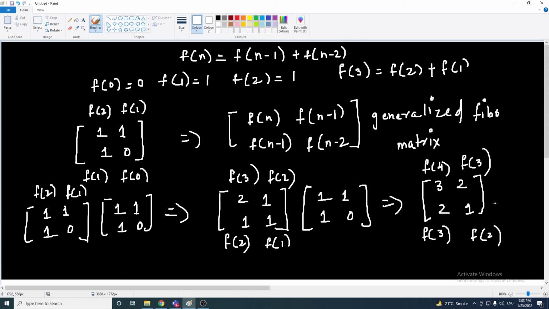Similarly, these two terms get added to give us the next term. So what's the nth term? The nth term is at the 0 position, as in Java, because the indexing starts from 0, or it could be 1 usually, if you don't consider it in the programming sense. So that gives us the nth term of the Fibonacci series.